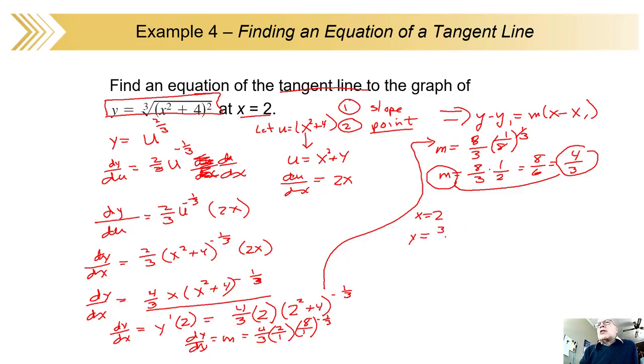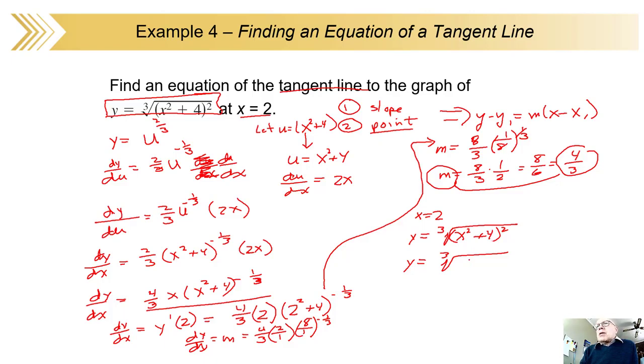Well, my function says the cube root of x squared plus 4, squared. And I'll put a 2 in where the x is. Y equals cube root of x squared, which is 2 squared. So that'll be 4. 4 plus 4.